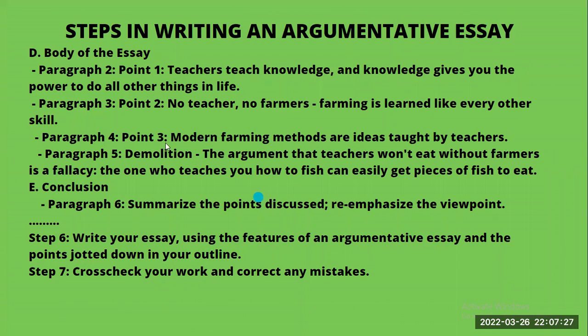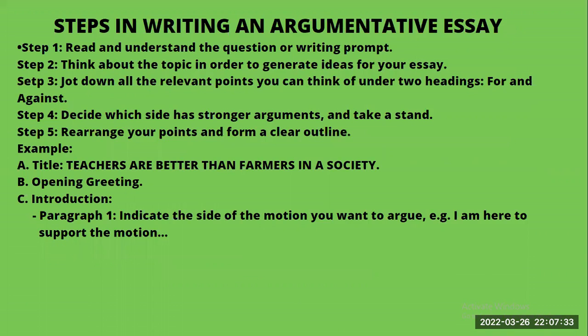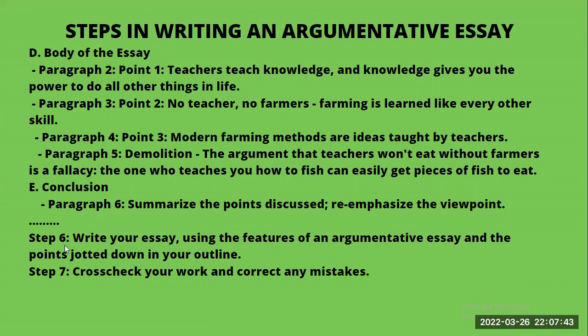Then once you are through with your outline, the next step, which is step number 6, don't forget we have gone to step number 5, where you rearrange your points and form a clear outline. We have gone through the outline, and the next step, which is step number 6, is to write your essay using the features of an argumentative essay and the points you jotted down in your outline.